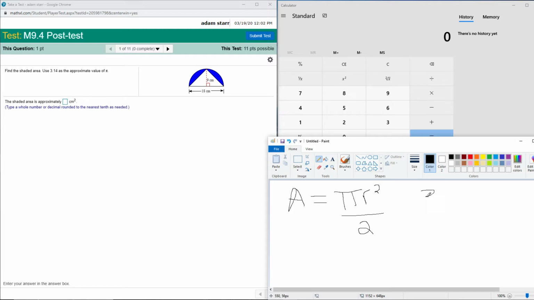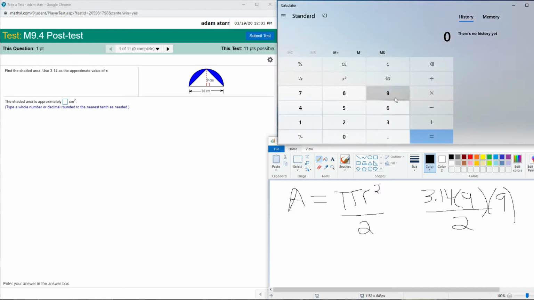Again, it says to use 3.14 as pi. So I'm going to do 3.14 times, my radius here is listed as 9 centimeters. So times 9, and because I'm squaring it, I'm multiplying it by itself twice, and I'm going to take that number and divide it all by 2.